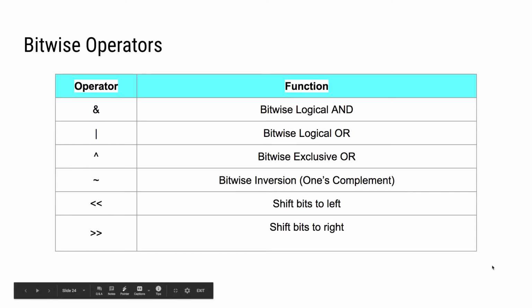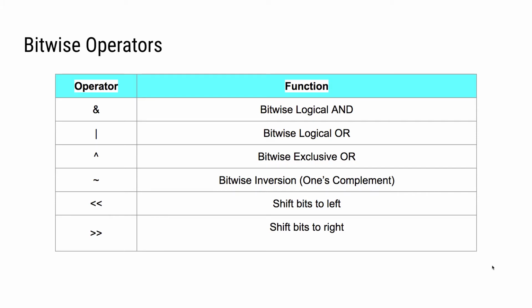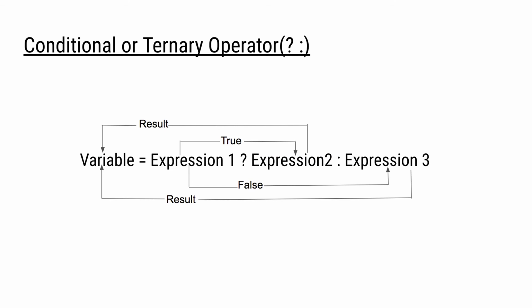We will be discussing bitwise operators in detail with examples in another video, and I will be providing the link in the description box. Next is conditional or ternary operator.